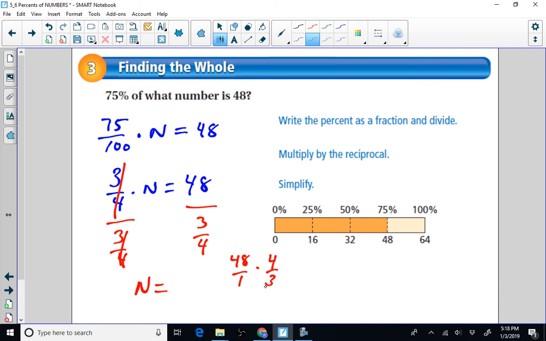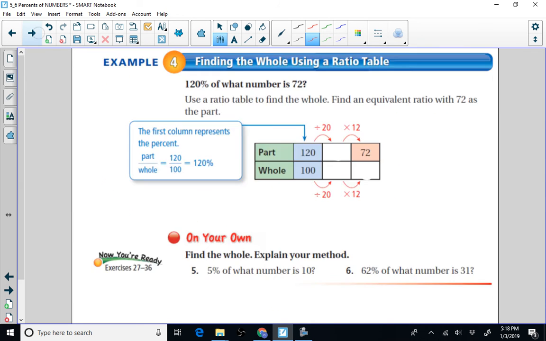I can divide out 3 and 48 becomes 1 and 16. 16 times 4 is going to be 64. So 75% of what number is 48? That number would be 64.